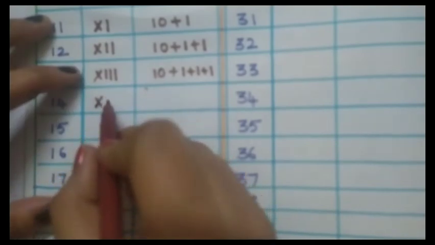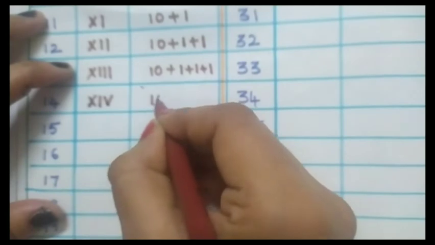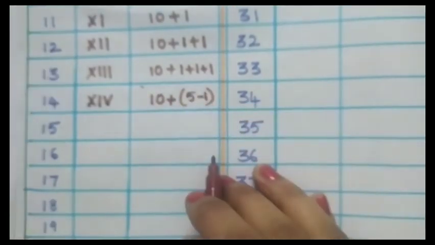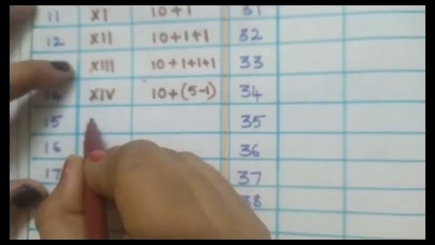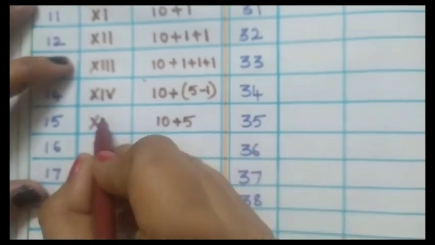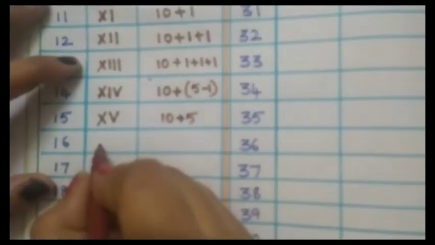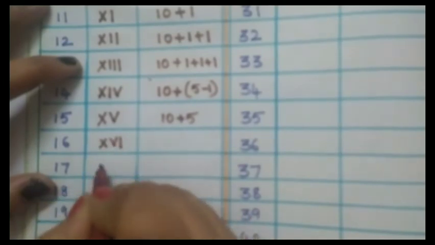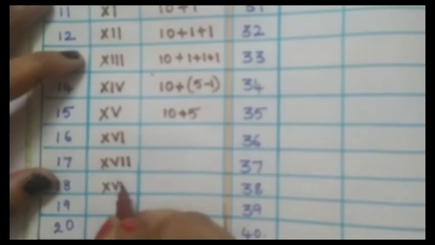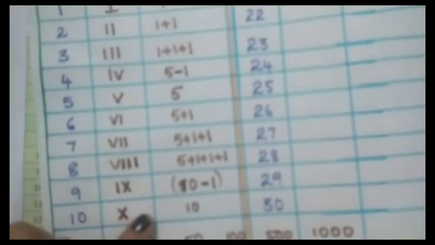What is the symbol for 4? IV. So 10 plus 5 minus 1 is 14: XIV. Next, 10 plus 5 is 15, and for 5 we have V: XV. Next, 10 plus VI, then 10 plus VII. For 9, how will we write?